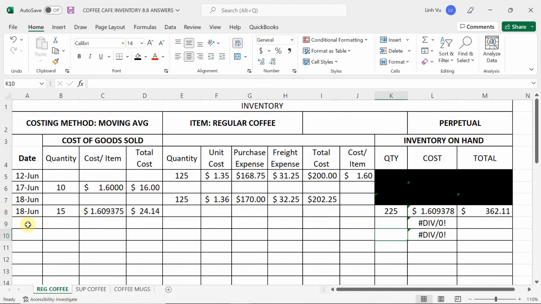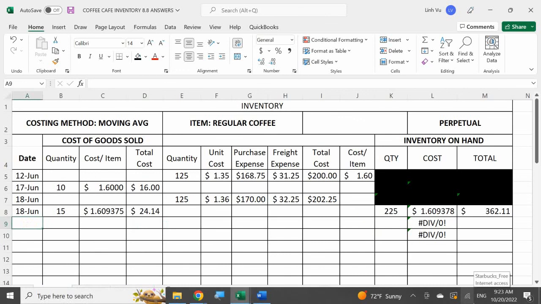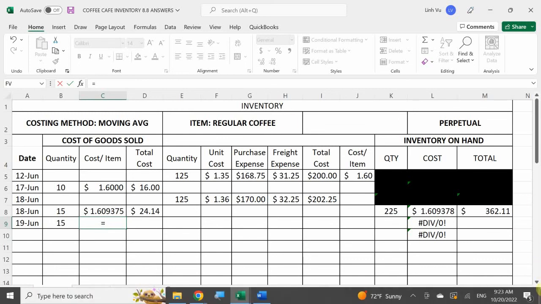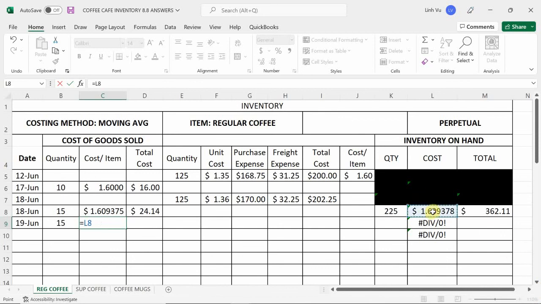Right, here we are. Today is the 19th. We sold how many? 15 pounds of the regular coffee, right? At what cost per item? 1.609375.